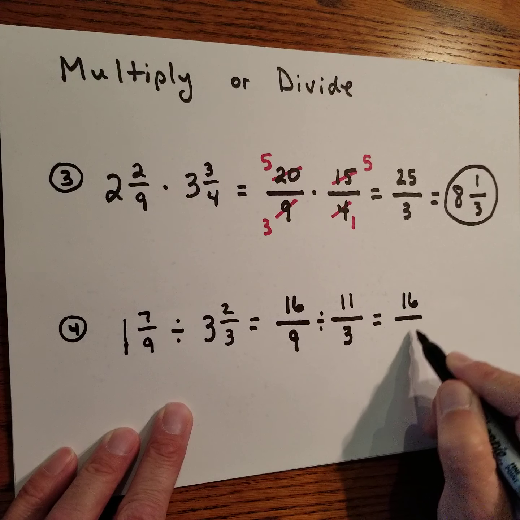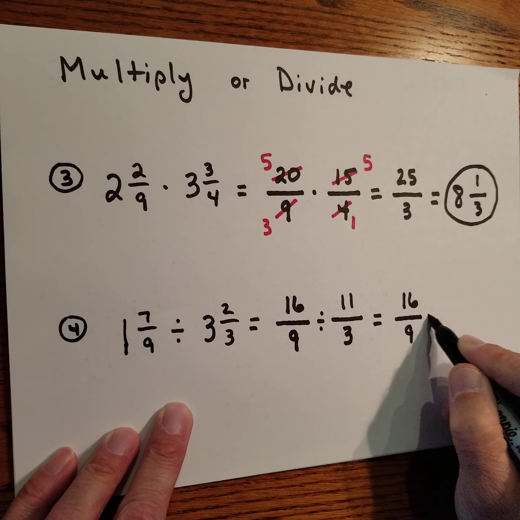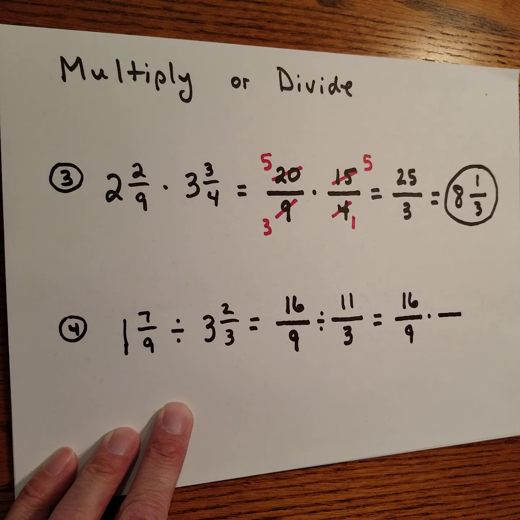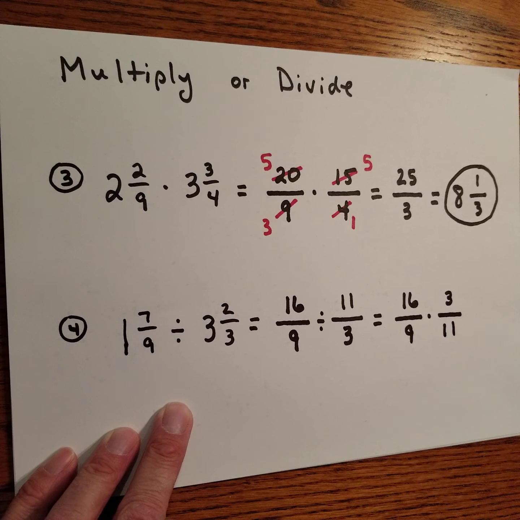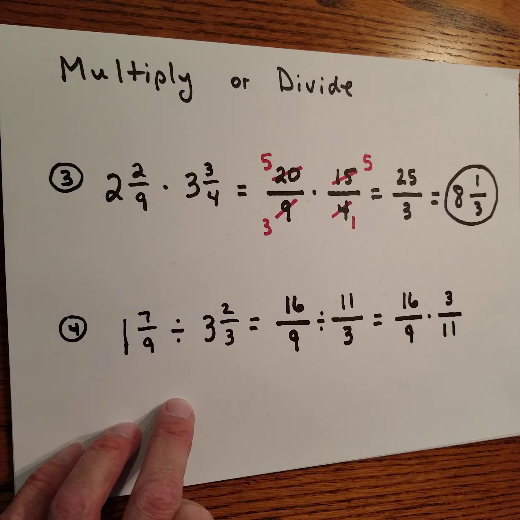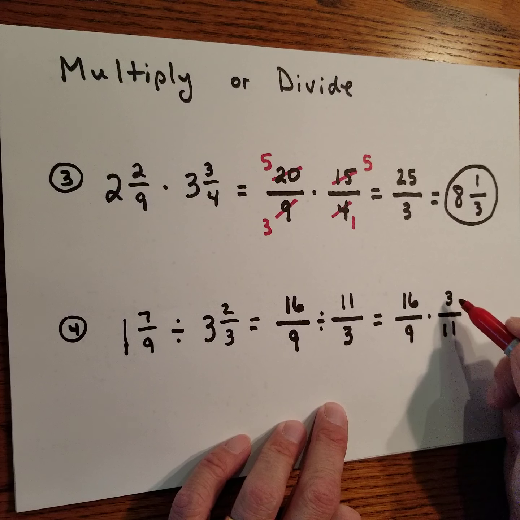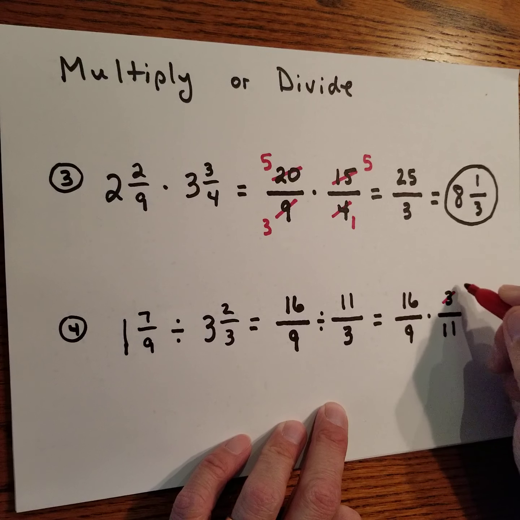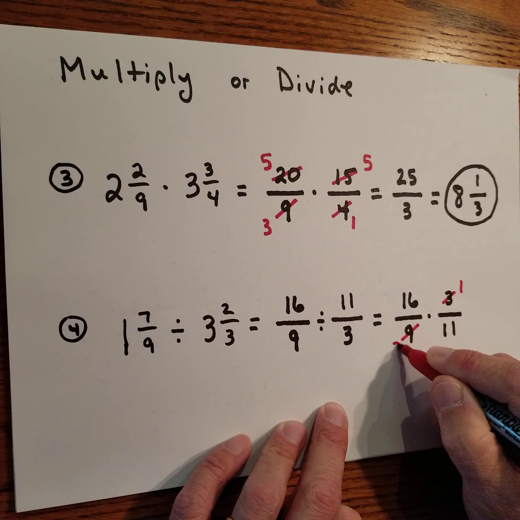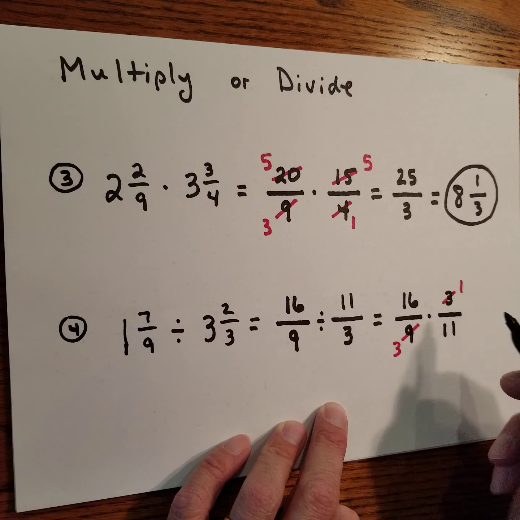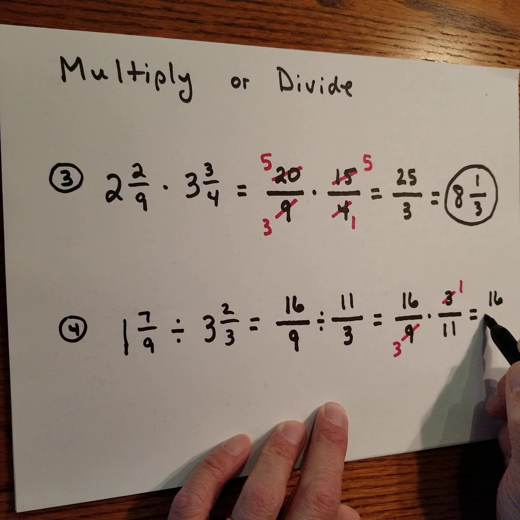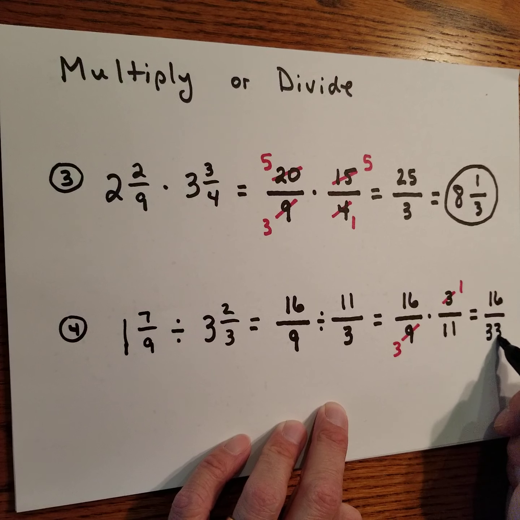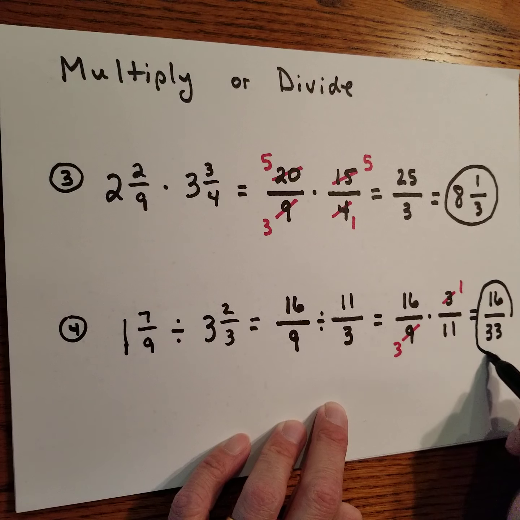Now we change division to multiplication by taking the reciprocal of the second fraction. Look to reduce. These are both divisible by 3. Divide by 3, divide by 3. Now multiply the tops and multiply the bottoms, and that's a great answer.